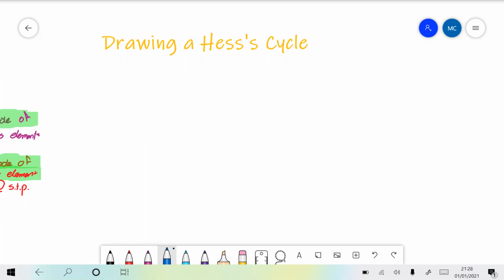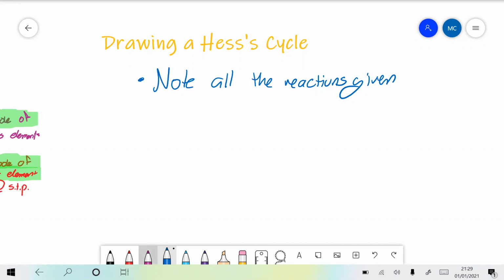So, drawing a Hess's cycle. The first step is to note all the reactions given. A reaction doesn't have to be like what we've had before, for example, H2 plus I2 to give 2HI.